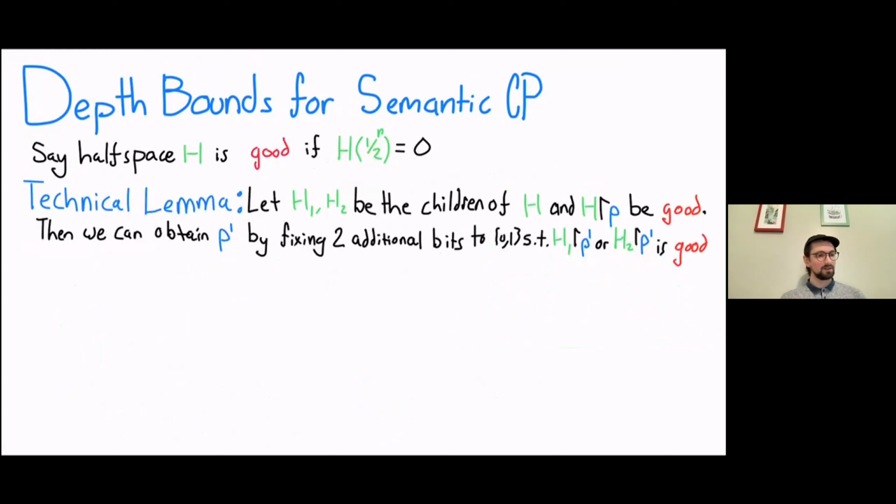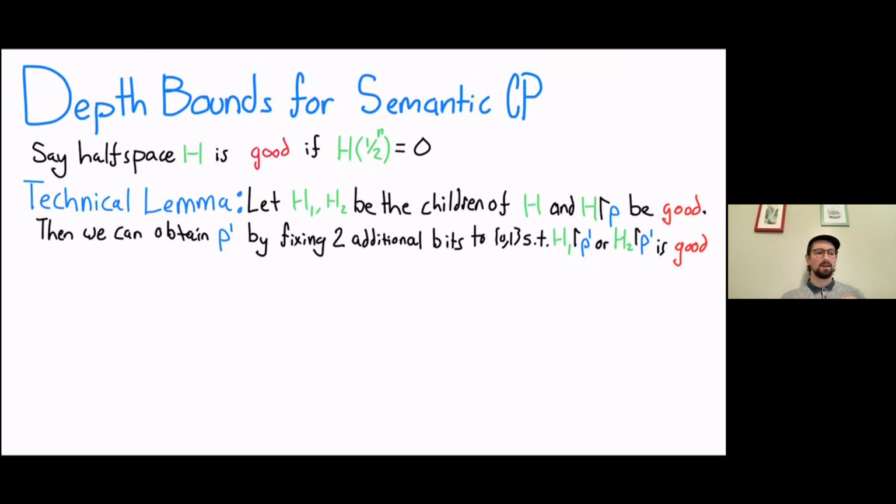And the main technical lemma behind our proof is this nice geometric lemma, which says that if we have H and 2 children of it, and H is good under this restriction rho, then you can obtain rho prime by fixing 2 additional bits, such that one of the 2 children is good under rho prime. So basically, H is falsified by the all-half point.